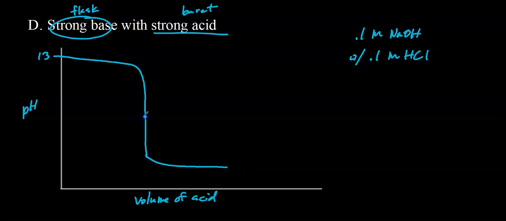So right here, again, about halfway down that vertical part represents the equivalence point. And for the titration between a strong base and a strong acid, the pH at the equivalence point is 7. So those are typical profiles for strong acid, strong base titrations, and the pH at the equivalence point in either case will be 7.